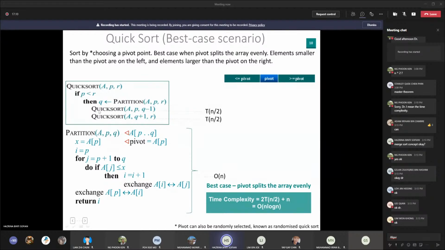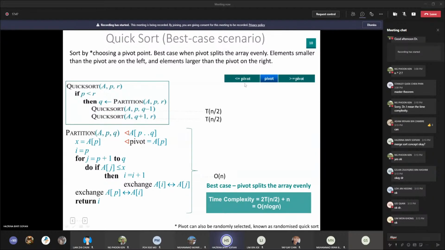Again, this line is to sort the left subarray, and this line is to sort the right subarray. Since the quicksort algorithm has a recursive function and it is divided by 2 if it is the best case, because the pivot is right in the middle.